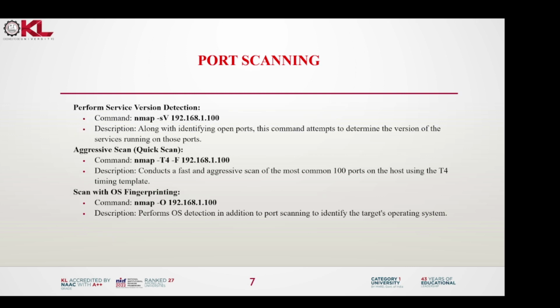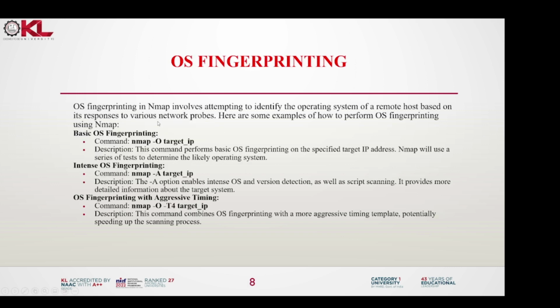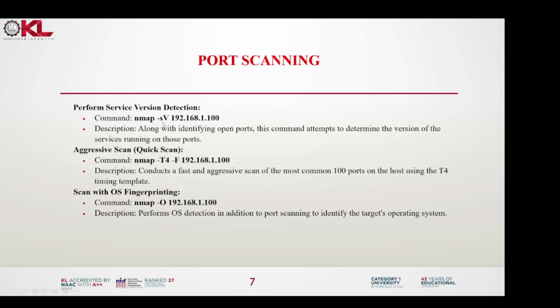Next one. Here again in port scanning, we can identify the services that are running on the victim system, and the version of the service can also be identified using option SV. Option SV is used to identify the version that is running on the victim system.